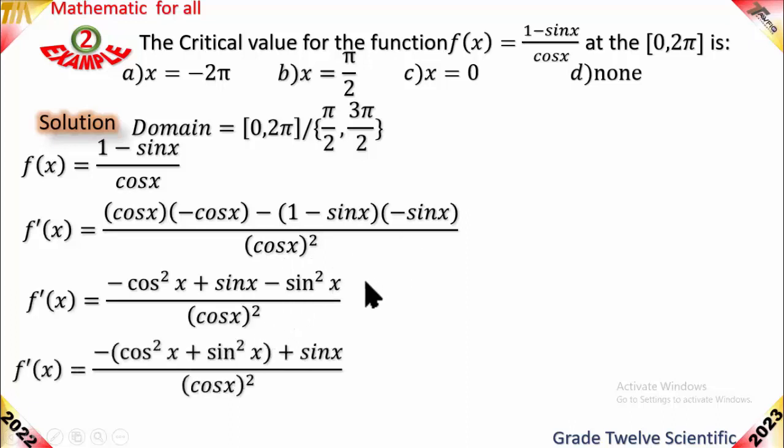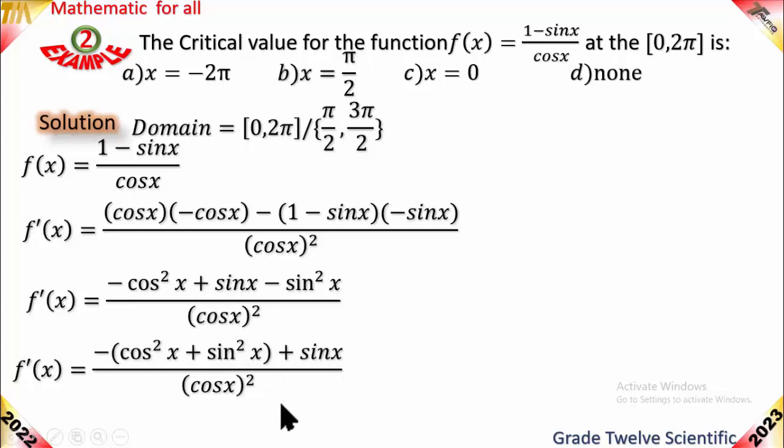Simplifying, it becomes f prime of x equal minus, by taking minus 1 as a common factor, cosine squared plus sine squared x plus sine x.